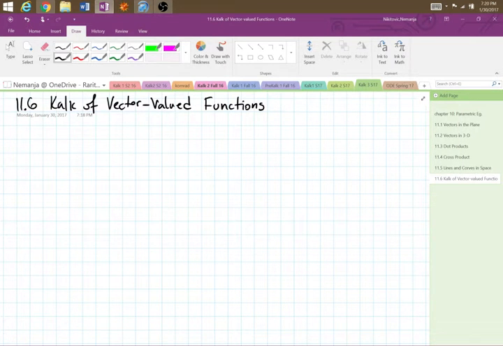Hello and welcome back to Calculus 3, section 11.6, Calculus of Vector-Valued Functions. In Calculus 1 we learned that calculus is a study of change, and that calculus consists of three topics: limits, derivatives, and integrals.